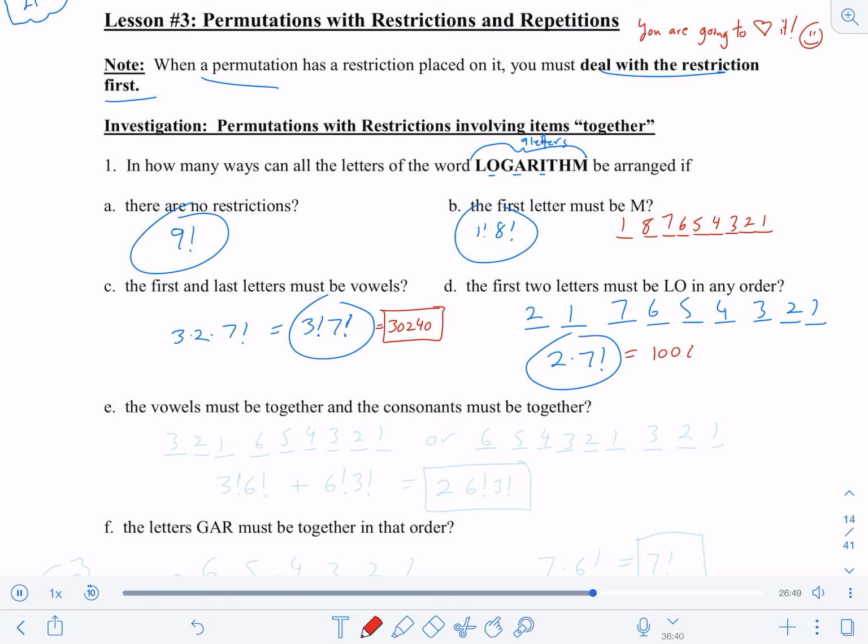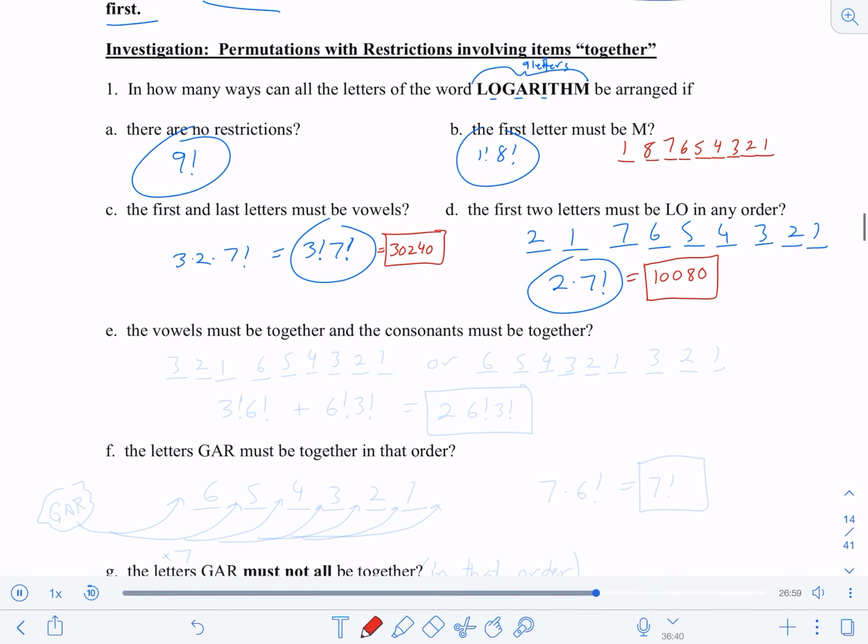I'll develop that one a little bit further on with GAR. You'll see those examples. So the vowels must be together and the consonants must be together.